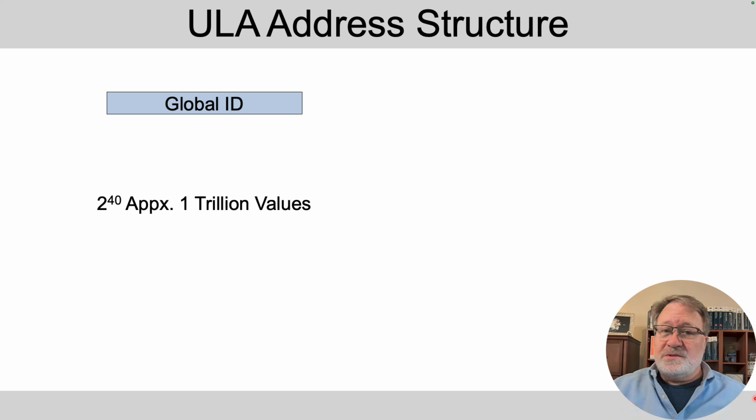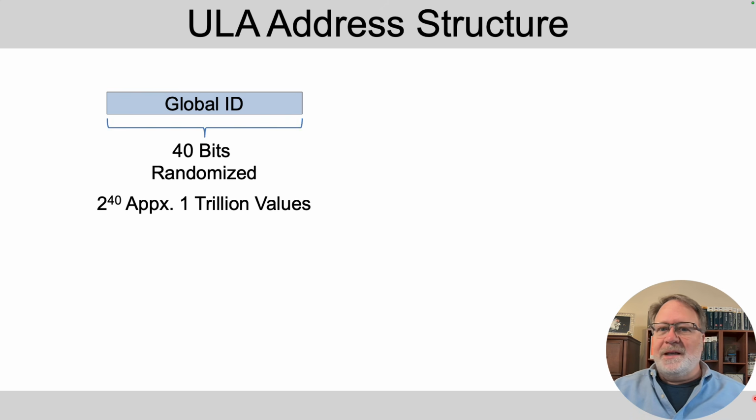So with EULA addresses, you start out by doing a random number generation. And the idea is to create a value that's 40 bits long or 10 hex digits long to use in all your EULA addresses. And we call that the global ID. And the word global comes up because we want it to be globally unique. So the idea of using this random number generator is that you don't register your global ID with some centralized authority, but at least you randomly generate it.